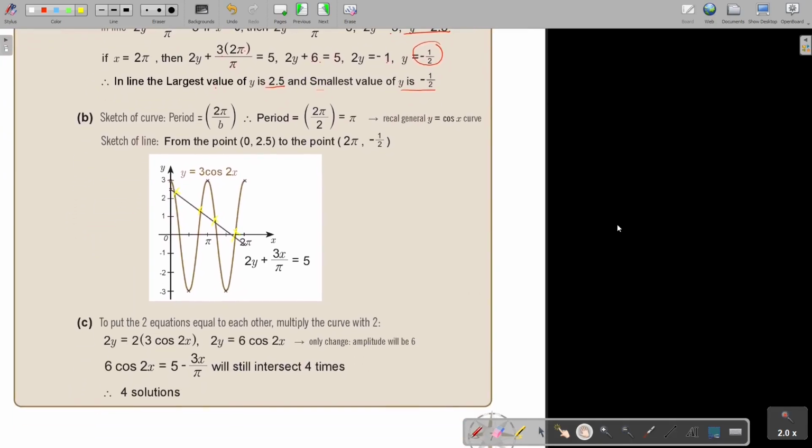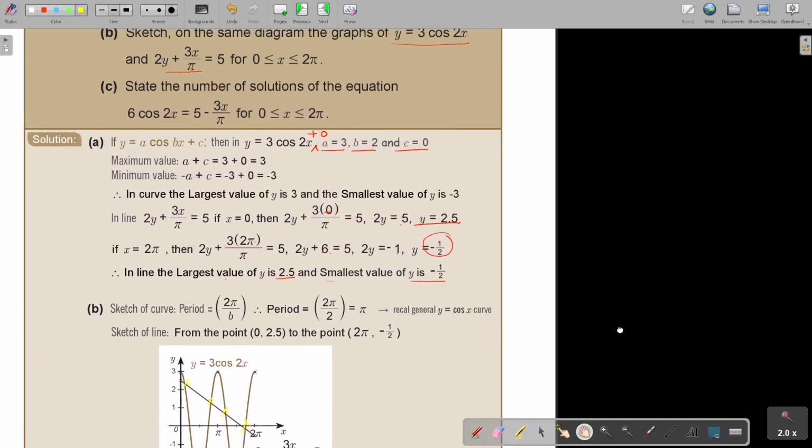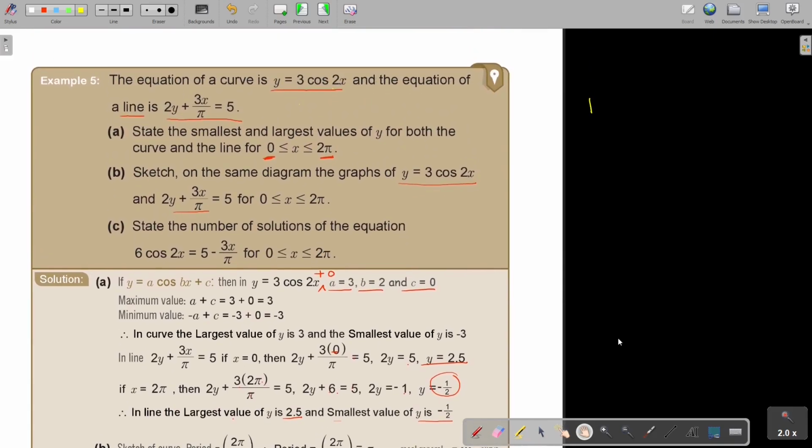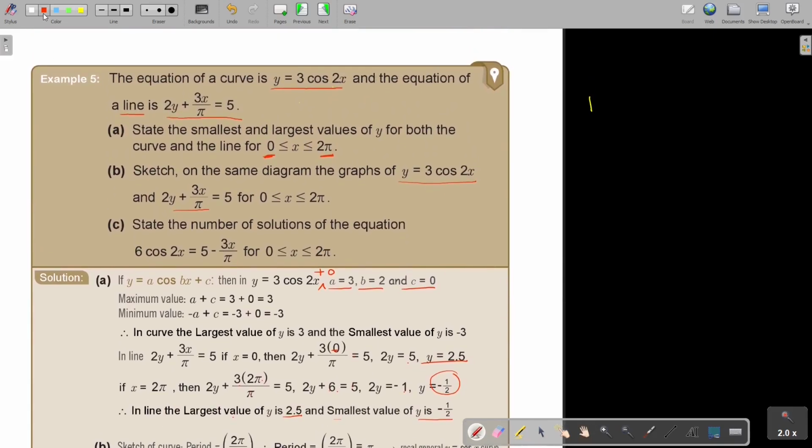So to put the two equations equal to each other, okay, can I just show you here? The problem was that this one was y, and this one was 2y. So if I was writing this, I could have said 2y equals 5 minus 3x over pi.